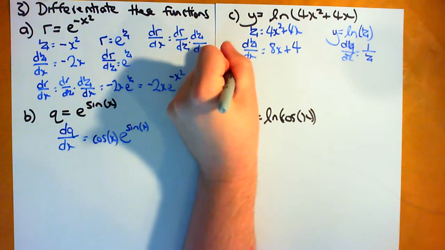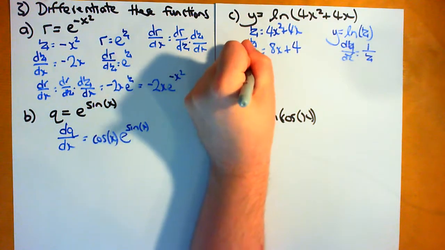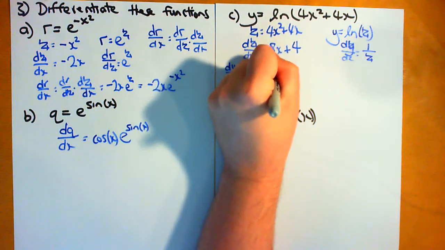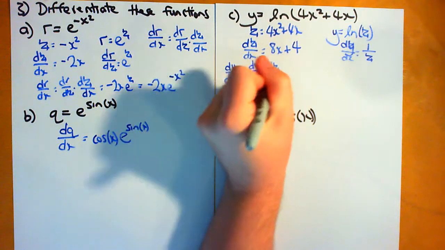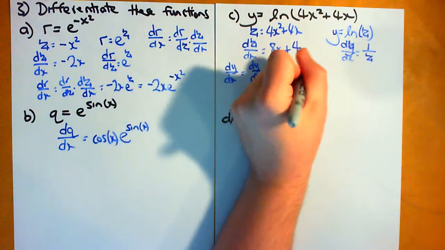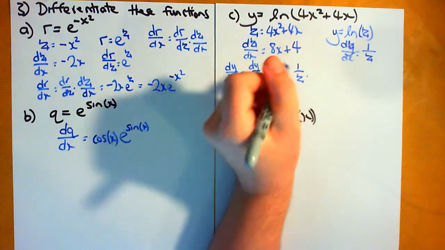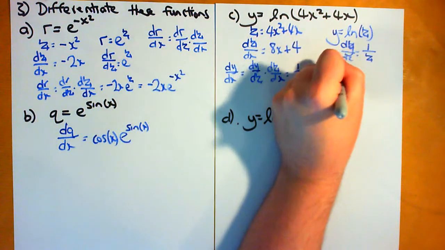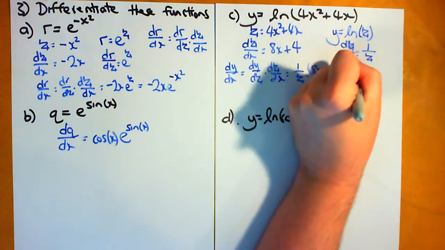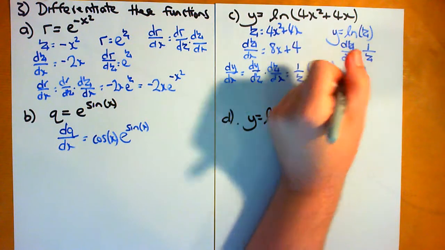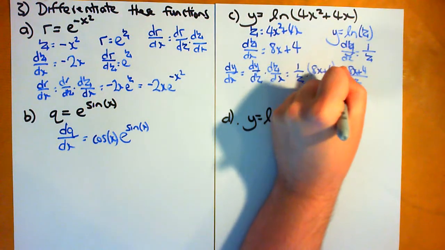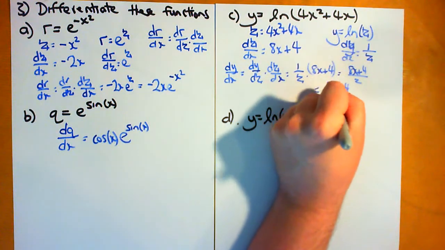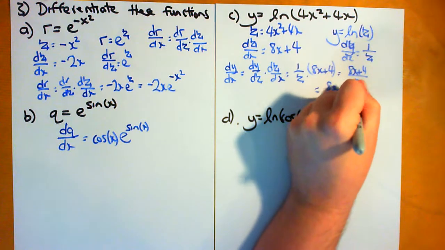So your chain rule tells you that dy by dx equals dy by dz times dz by dx. So dy by dz is 1 over z times 8x plus 4, which is 8x plus 4 over z, but z was 4x squared plus 4x.